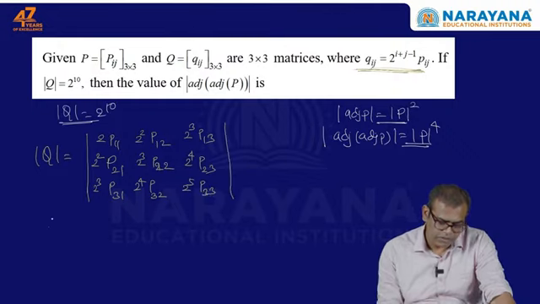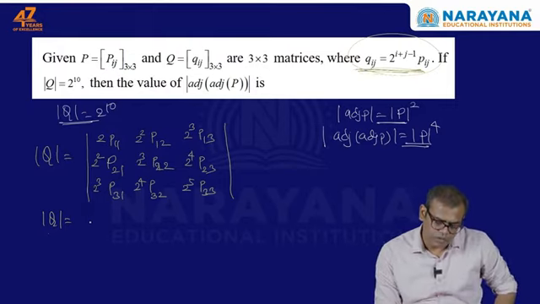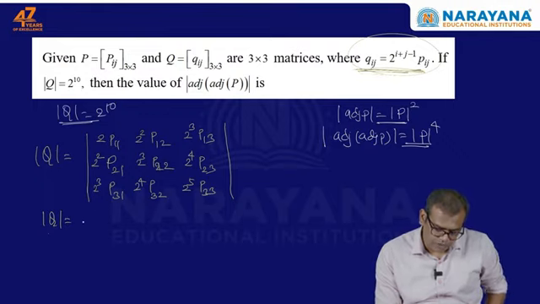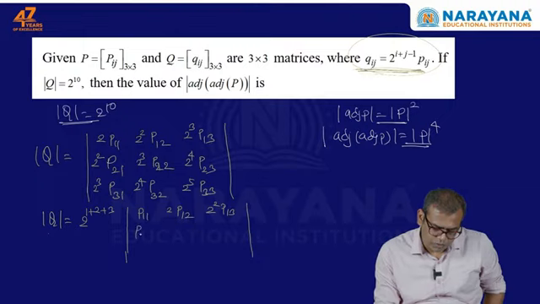So apply the property of determinant here. Determinant of Q, we are writing from this. Take 2 common from the first row, 2 square common from the second row, and 2q common from the third row. So 2 to the power 1 plus 2 plus 3, and what will be left? p11, 2 into p12, 2 square p13, and in the second row, 2 square has been taken, so p21, 2 into p22, and 2 square p23.